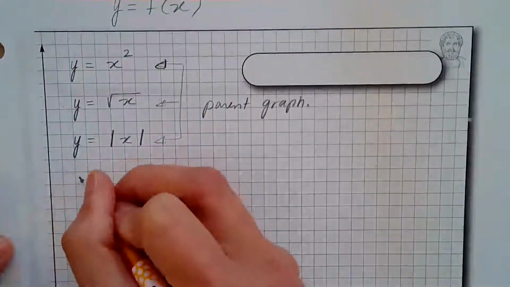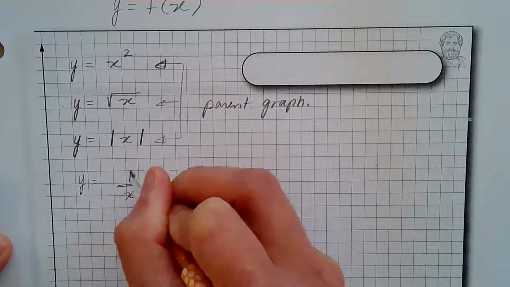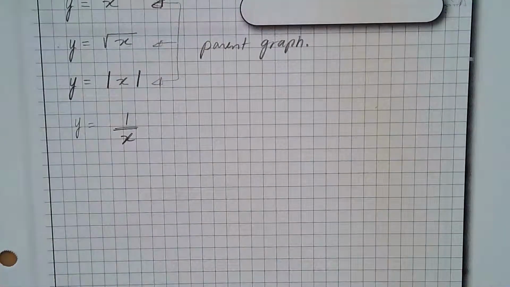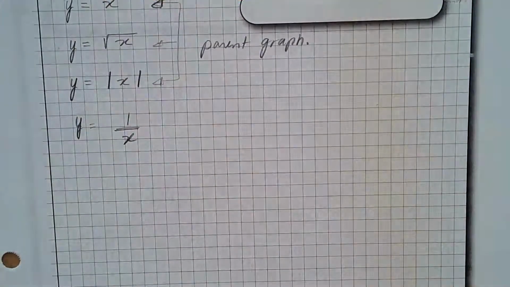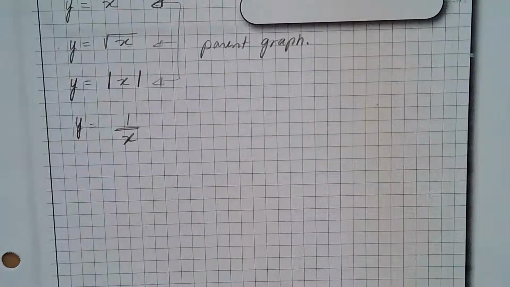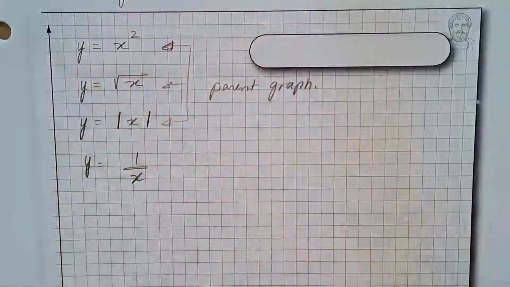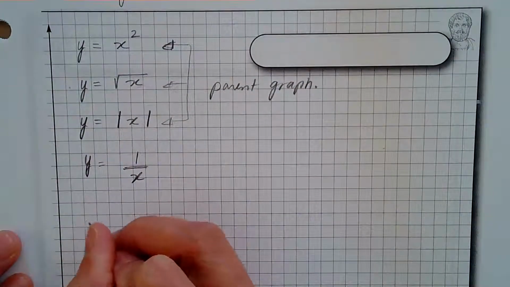Oh, let's do one more. 1 over x. We know this already. That's also a parent graph. So what we're going to do is start off with x squared.